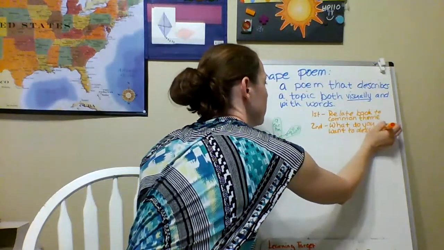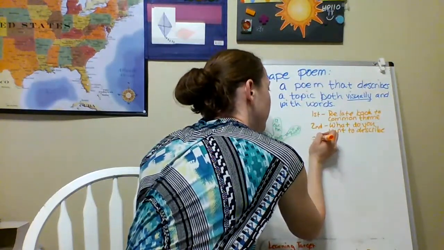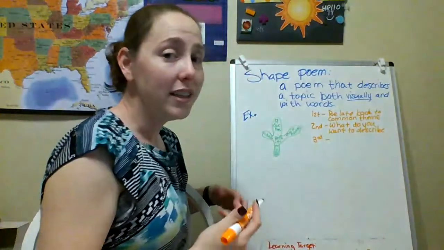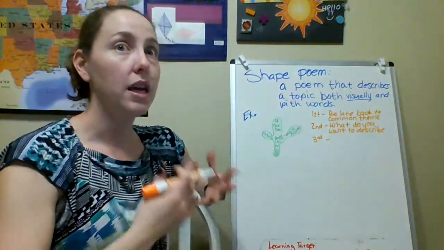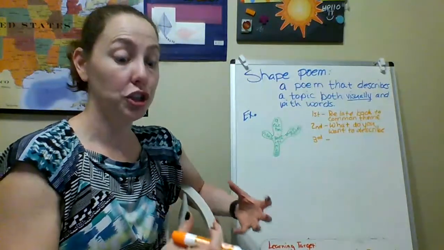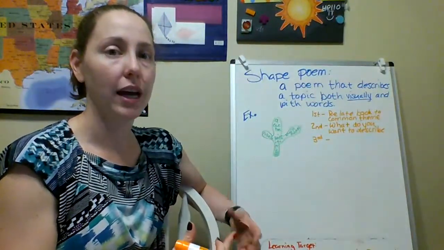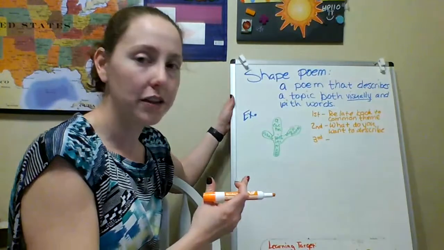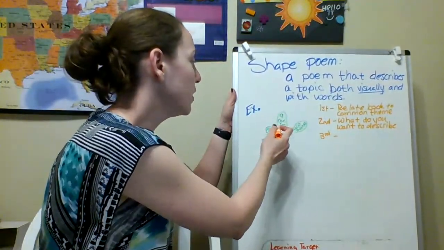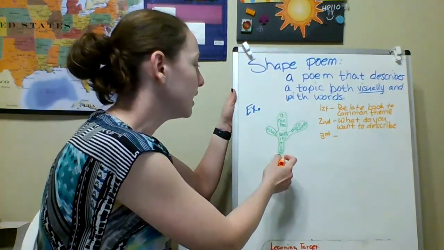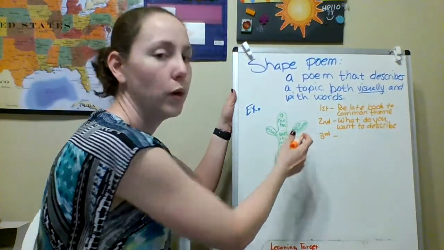Okay? The third thing is you're going to actually write the poem, keeping in mind, you want to be descriptive in what you're talking about. Okay? So if you look here at this poem, and I know you can't really see it, but it says, a cactus pokes with its pricklies, sharp points.